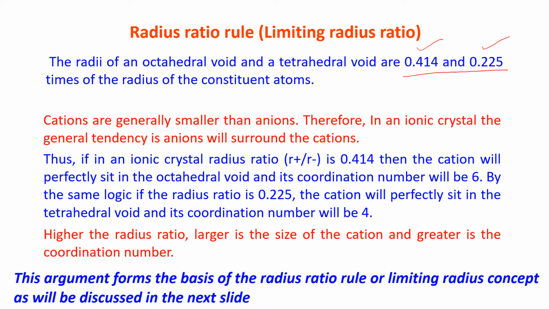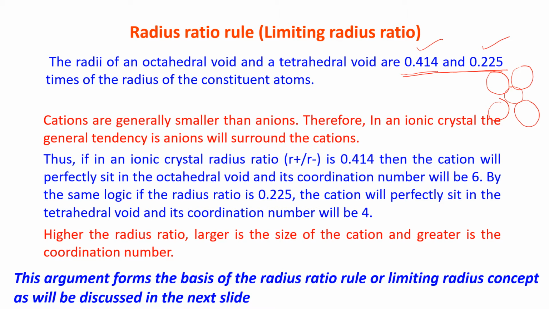The void has dimensions 0.414 and 0.225 times the radii of the constituent atoms. Suppose this is the void and it is surrounded by the ions.